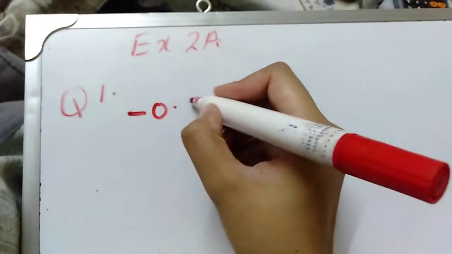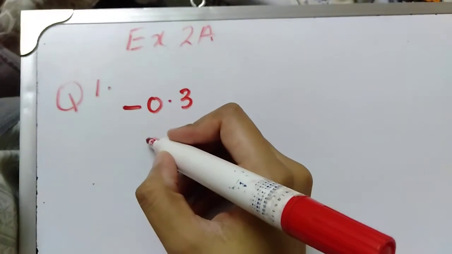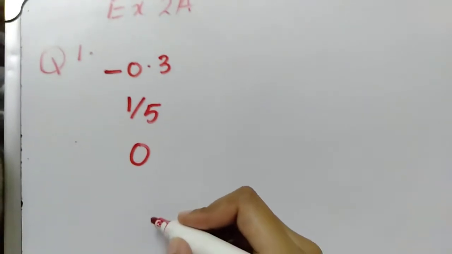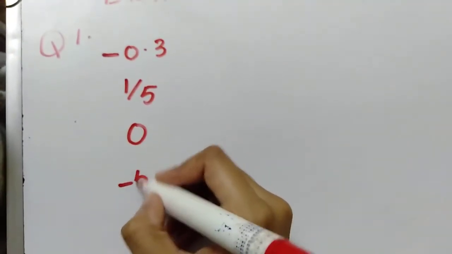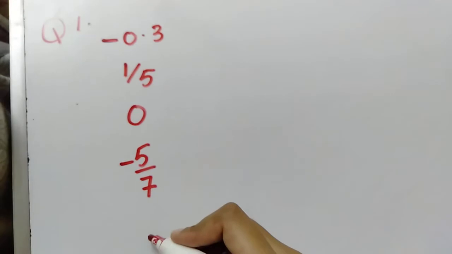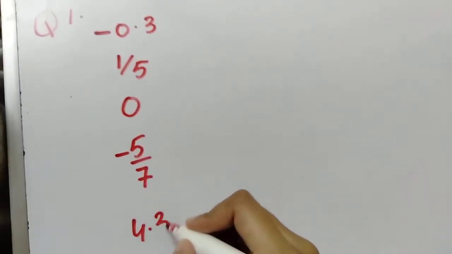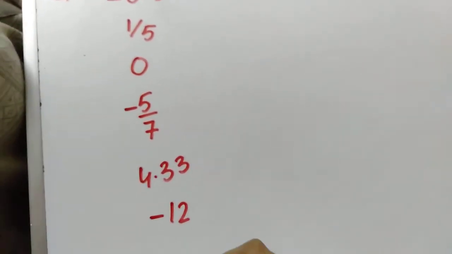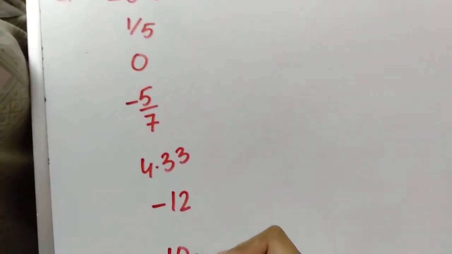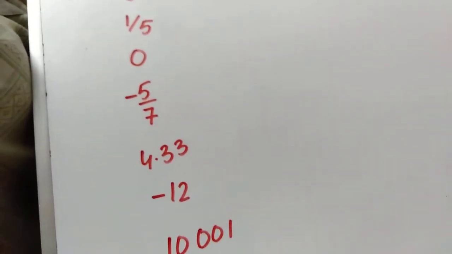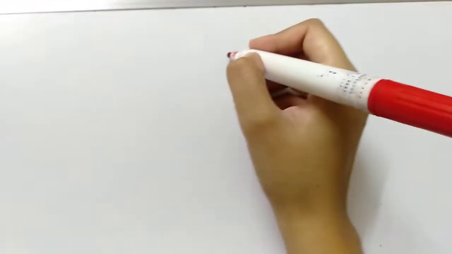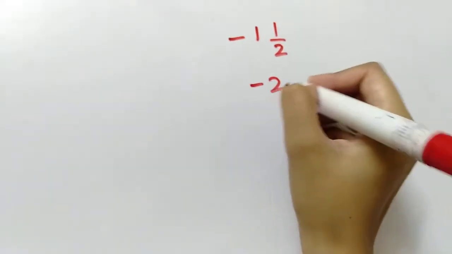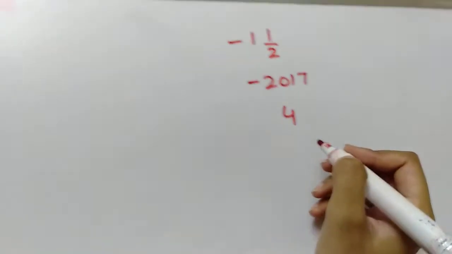The first element is 0, minus 0.3, then 1 by 5, then 0, then minus 5 by 7, then 4.33, then minus 12, then 10001, then minus 1 by 2, minus 2017, and 4. So these are the numbers.